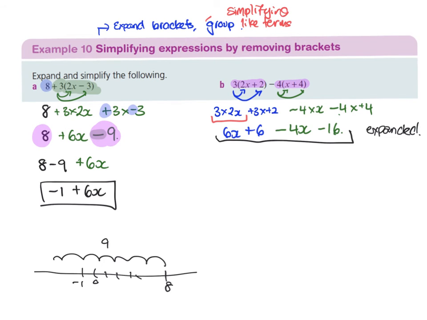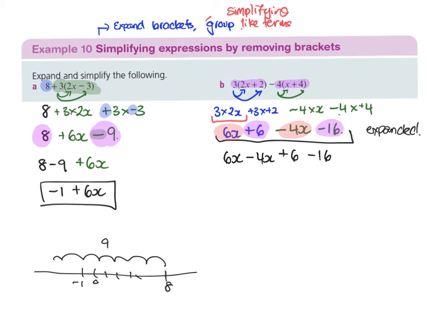And now we want to group the like terms. So this guy is like terms with that. And this x is like terms with that, isn't it? Yeah? You don't have to, but I'm just going to write them underneath next to each other. I've got 6x minus 4x. That's like terms. And then I've got 6 minus 16.